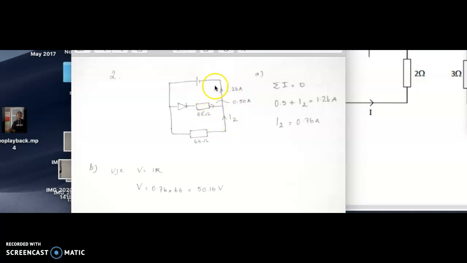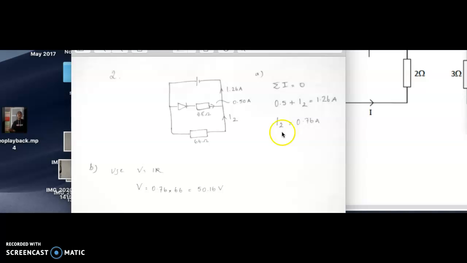Now the current coming into this junction is I2 and this current here, which is 0.5 amps. So our equation would be I2 plus 0.5 amps would equal the current coming out of the junction, which is 1.26.